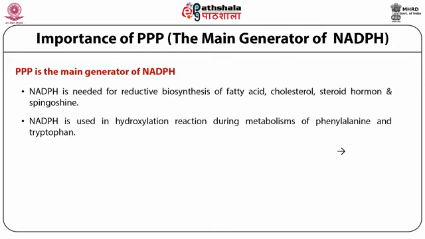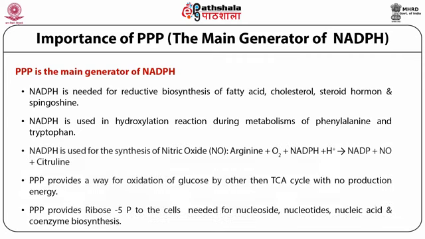NADPH is used in hydroxylation reactions during metabolism of phenylalanine and tryptophan. NADPH is also used for the synthesis of nitric oxide. Nitrous oxide is a laughing gas used as an anesthetic, and nitric oxide causes relaxation of vascular smooth muscle.